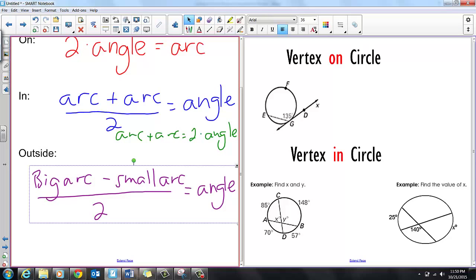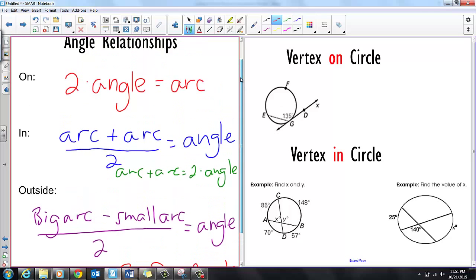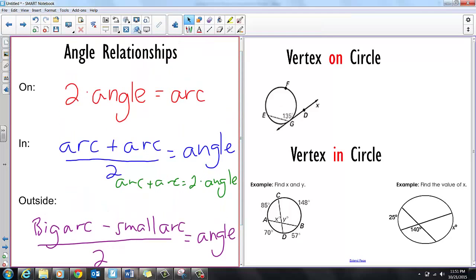Or we can say the same thing: big arc minus small arc equals 2 times the angle. So big minus small equals 2 times angle. Alright, same thing there. So let's go ahead and apply these formulas that we have put up here.